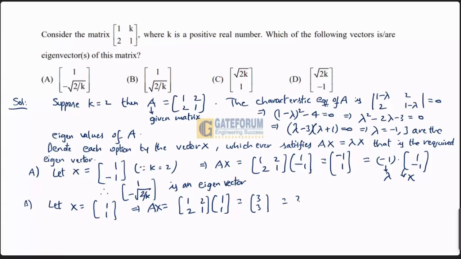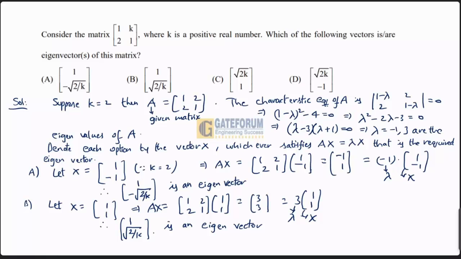This can be written as 3 into [1, 1], which is in the form of another eigenvalue, lambda equal to 3, and this is nothing but x. So therefore [1, root 2 by k] is an eigenvector, in each option putting k is equal to 2.